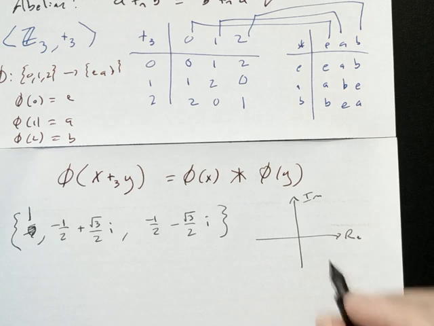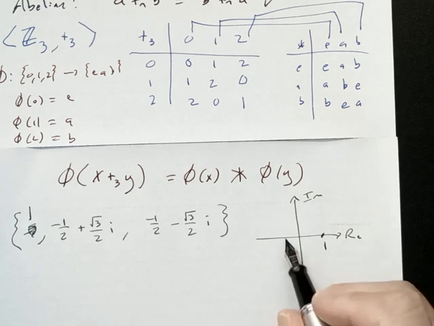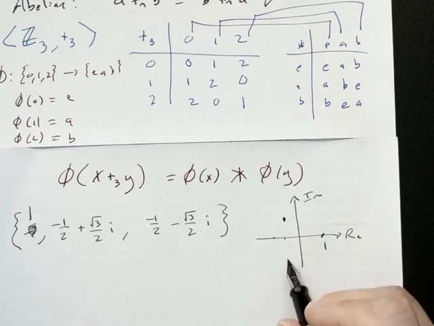One on the real axis. One half left, and square root of 3 over 2 up. And then one half left, square root of 3 over 2 down.